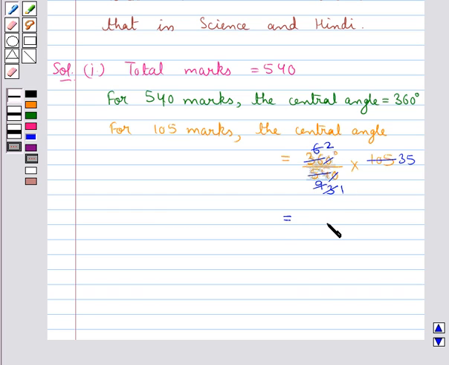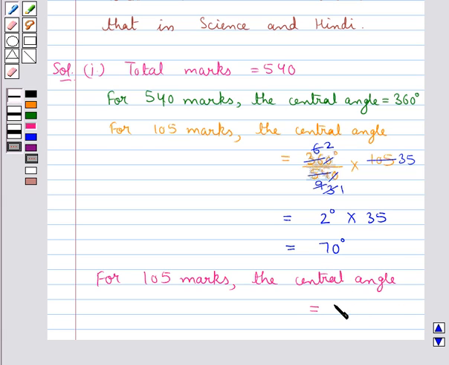So this becomes equal to 2 degrees multiplied by 35, and this is equal to 70 degrees. Thus we say that for 105 marks, the central angle is equal to 70 degrees.